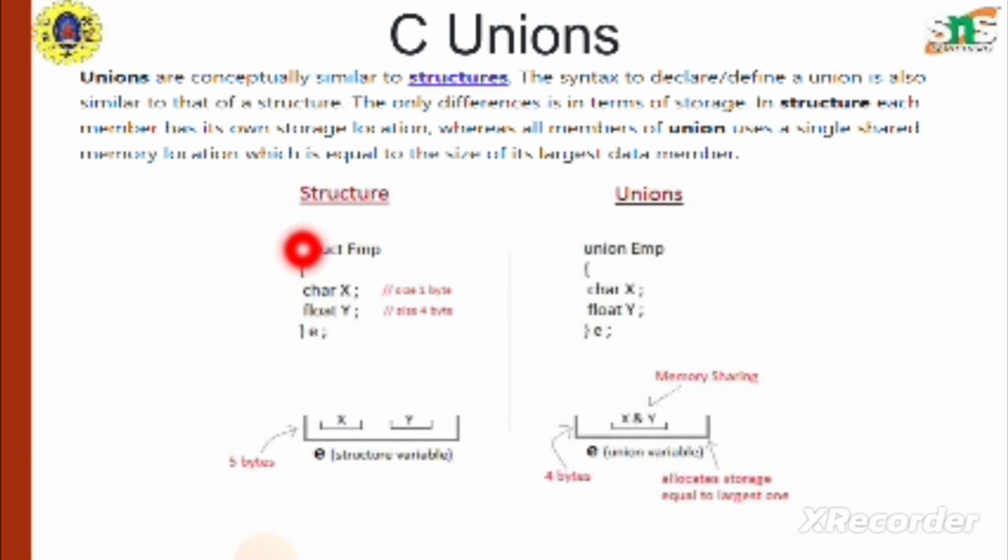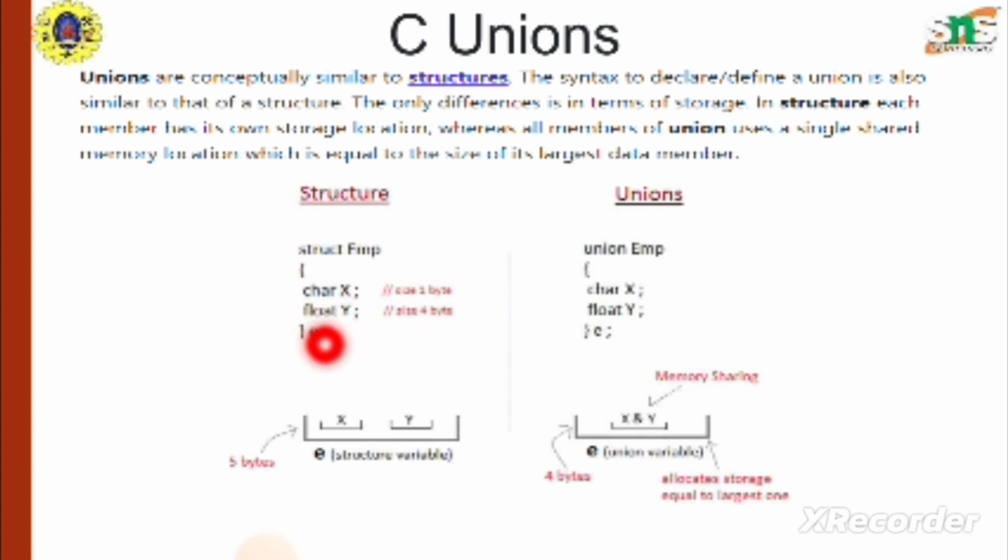For example, consider this structure. We are going to use the struct keyword, then give a structure name, then use different data types, and we have a variable to access this structure. In this structure, this character x is going to hold 1 byte of memory, which is ultimately for this variable.